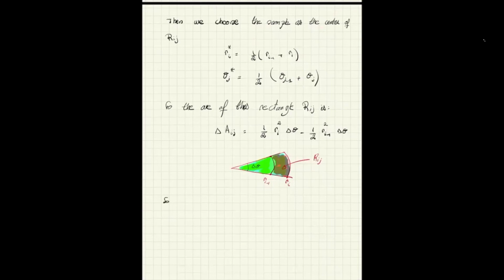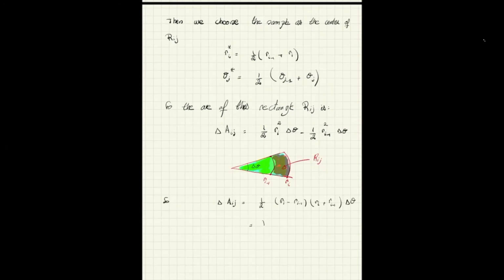So what is the area of this rectangle? It will be 1/2 times (R_i minus R_i minus 1)(R_i plus R_i minus 1). This is the same thing, right?